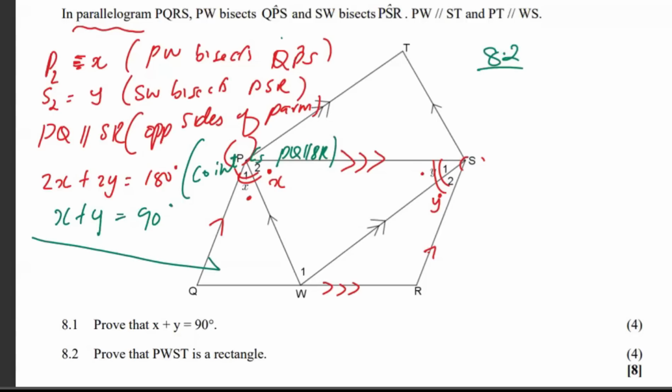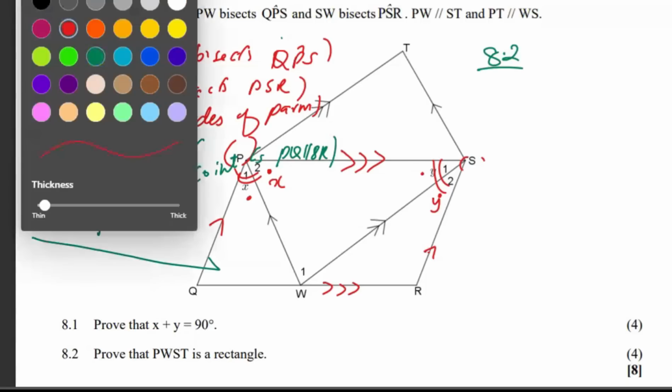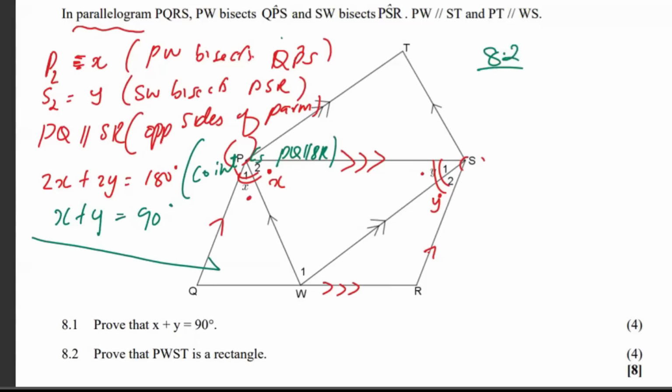Then we can also look at the angles of interest and see whether we can have the same angles. So if that is X and X, remember X plus Y must give us 90.